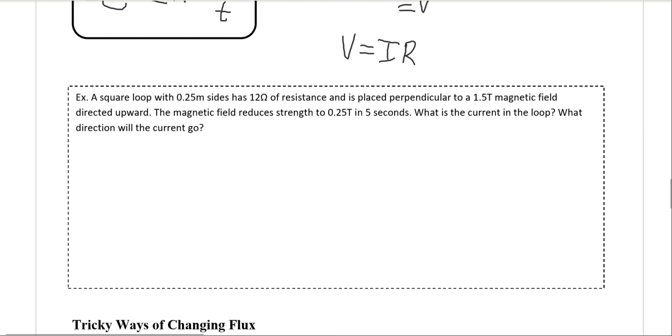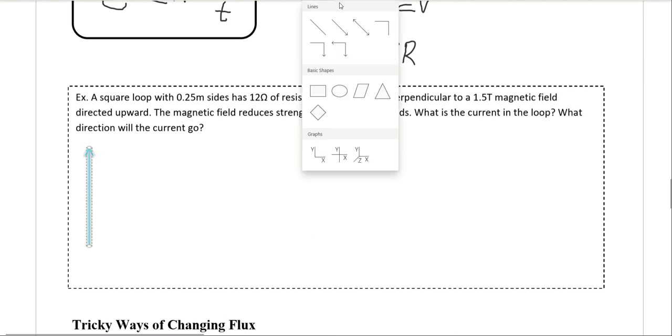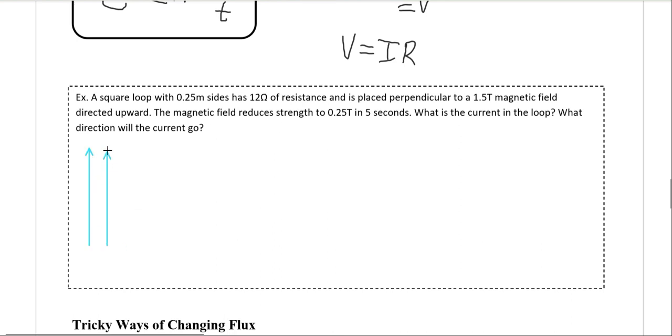Well, if I have a field that is pointed upward, kind of like there and there and there, I have a field directed upward, and I put a loop that is perpendicular to it.